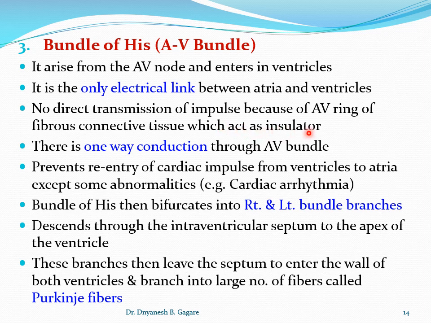Because of this insulation there is no transmission of the impulse from the atrial side to the ventricular side. That means the impulse will enter only through the bundle of His from atria to the ventricle. This is one thing, students.